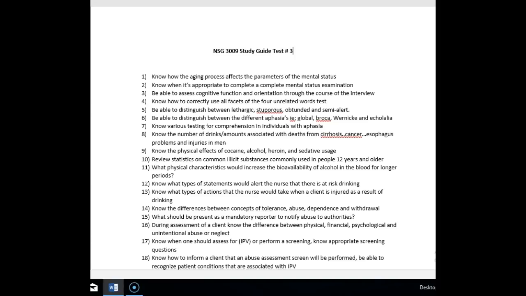They may converse in monosyllables, like yes, no, that type of thing, and their speech may be mumbled. So lethargic people can be aroused and can make sense. Obtunded people speak in one-word syllables, and it's that state in between stupor.